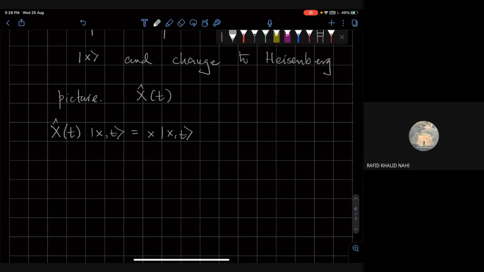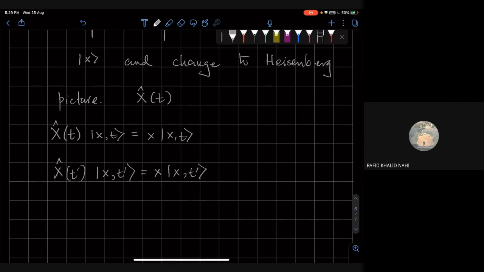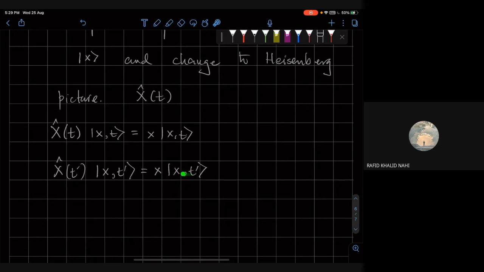Does it mean that the eigenbasis will also change with the operator itself with time? Yeah, exactly. If you take the operator at a different time, say t prime, then you have x at t prime, and the ket x, t prime, right? So the idea is that these two states need not be the same.